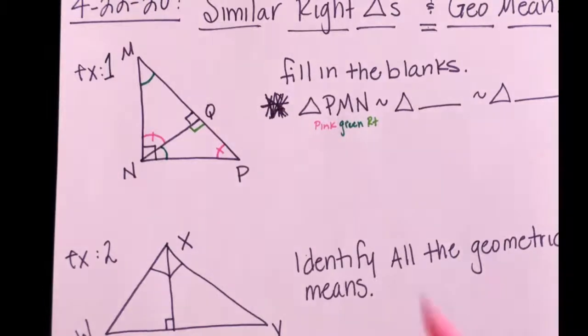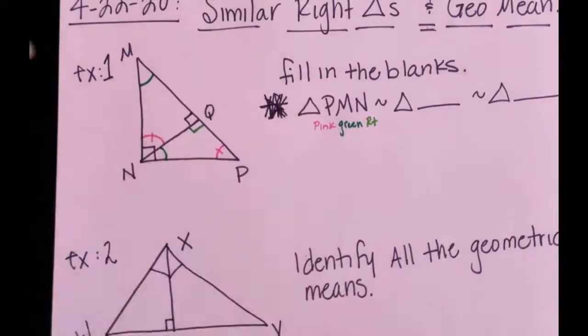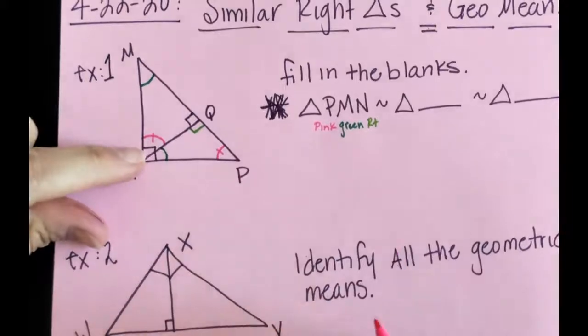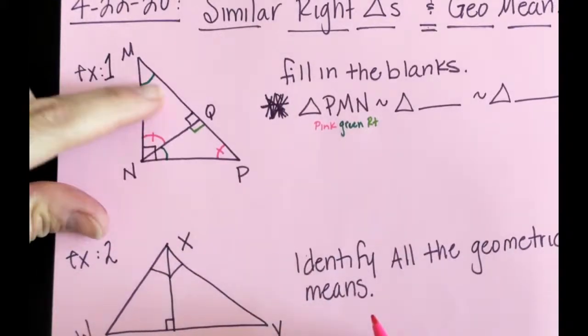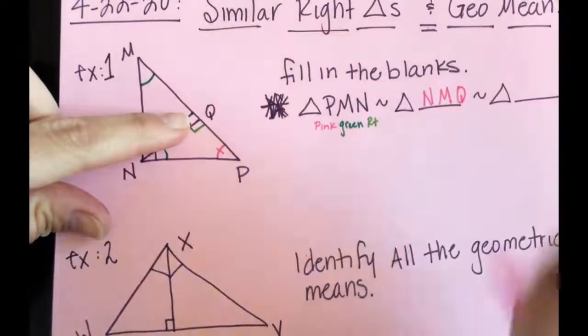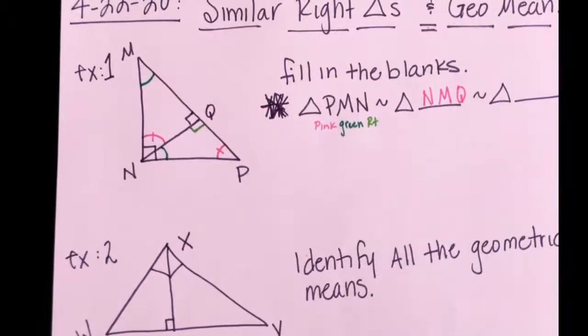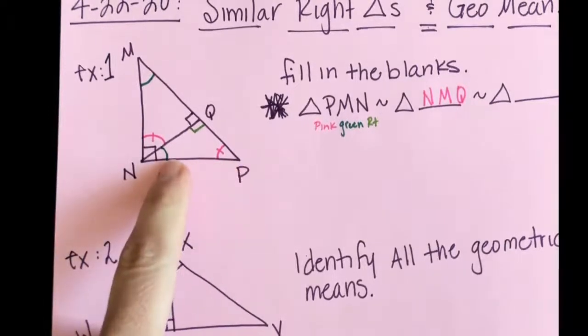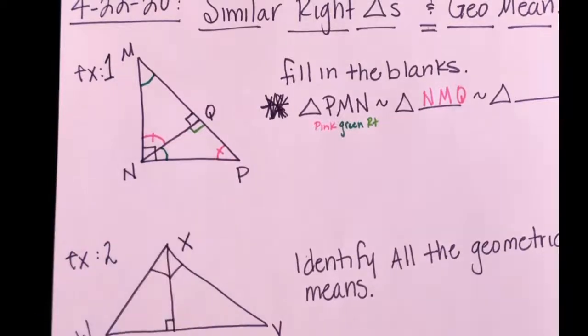So when I go PMN, I'm going to fill in the other one, pink, green, right. So NMQ, and we've got one of them right. Nice job, Landon. When I look at what the other one is, pink, green, right. So PNQ.